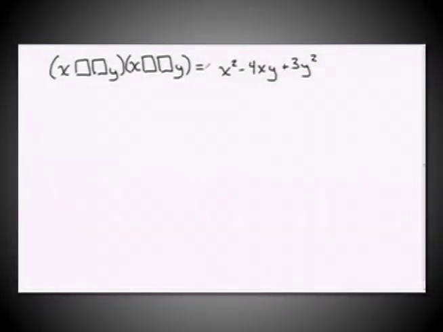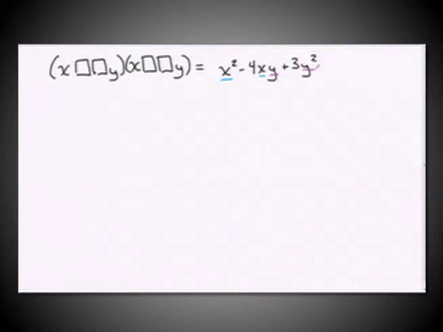As you can see here, I have a trinomial that actually has two variables in it. One of the variables is x, showing up in the form of x squared here and x here. And then I have a y and a y squared. So I have two variables, x and y.